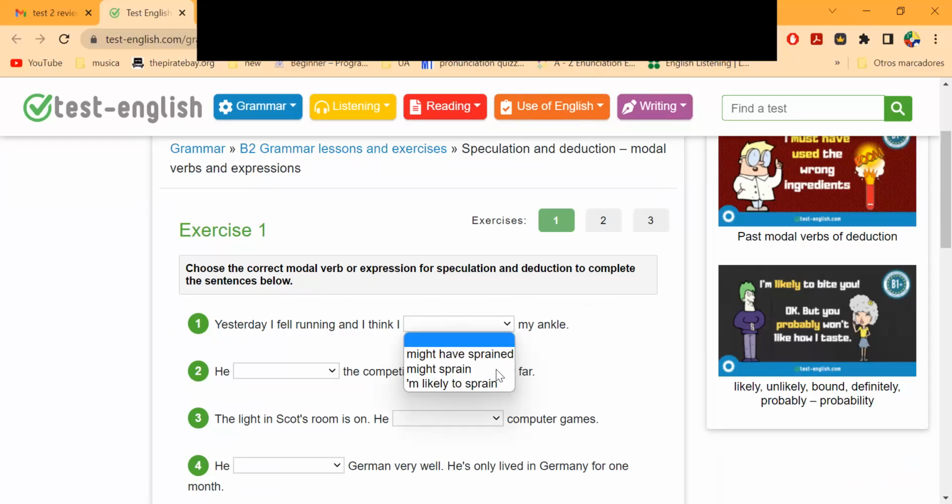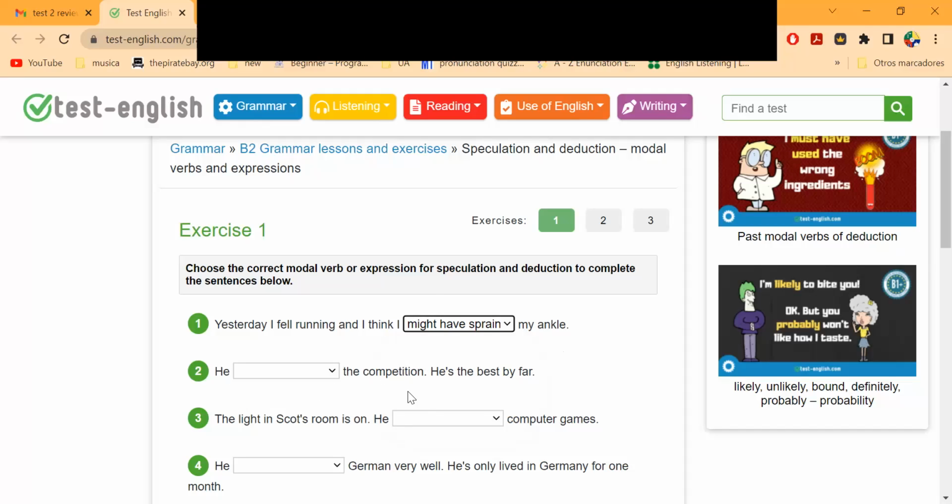Might have sprained. Oh yes, I agree. Me pude haber torcido el tobillo. You can say might or may have sprained. Even I could have sprained, but the most typical is might.